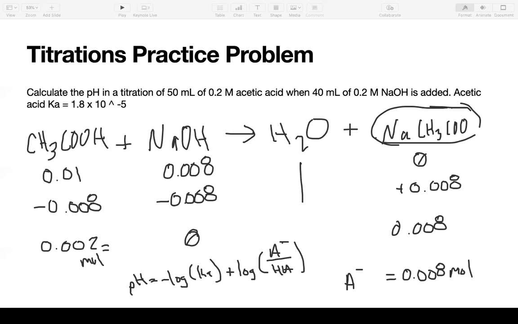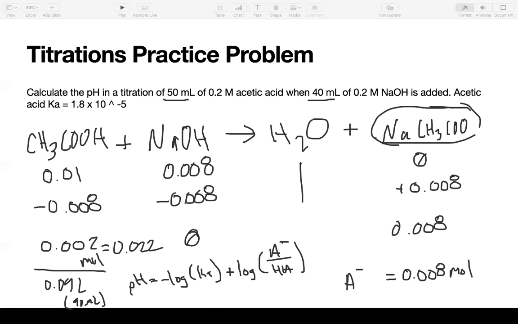So we could do that by saying this many moles over 0.09 liters will give us a molarity of 0.022. And I got the 0.09 liters, which is basically 90 mLs, by adding 50 mLs and 40 mLs for our final volume.